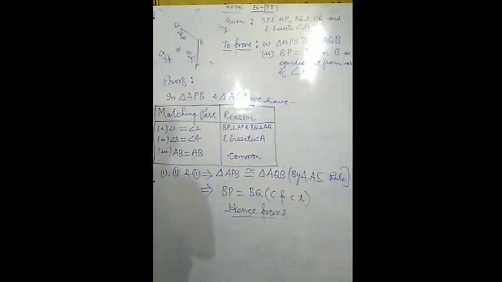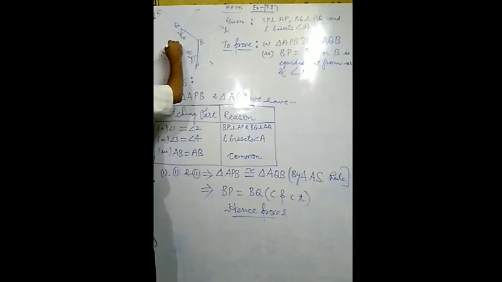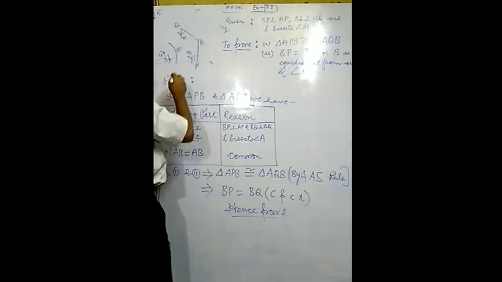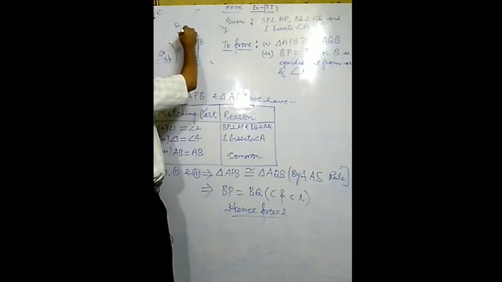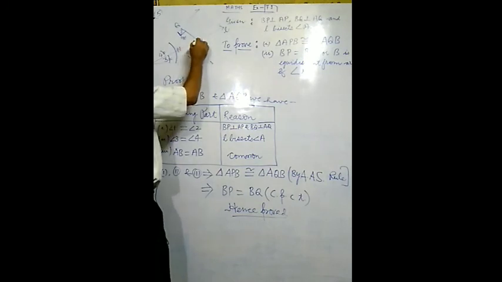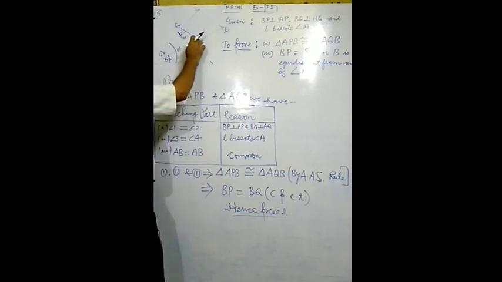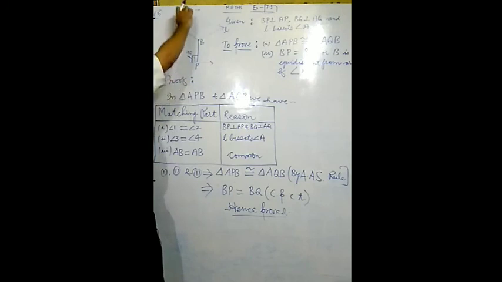Students, question number 5. Angle A is given, this complete angle A, and B is taken as any point. From this point B, a perpendicular is drawn on this arm, and a perpendicular is also drawn on the upper arm.